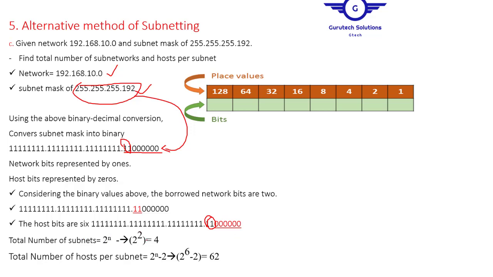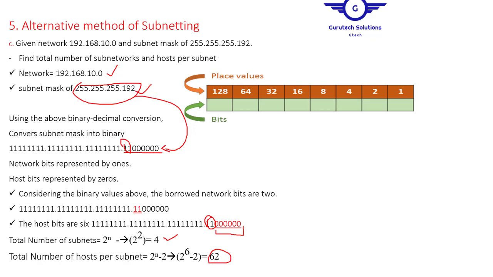So 2 raised to power 2 is 4. We have realized that we have 4 subnets. What about the number of hosts per subnet? We say 2 raised to power n minus 2, where n is the number of host bits, which is 6. Then you get this value.